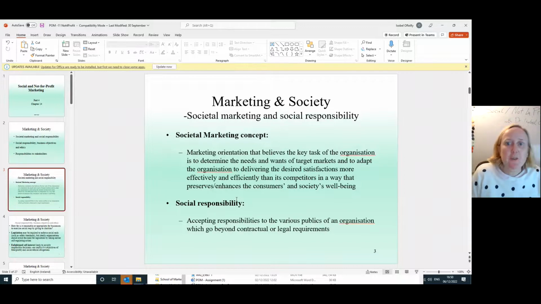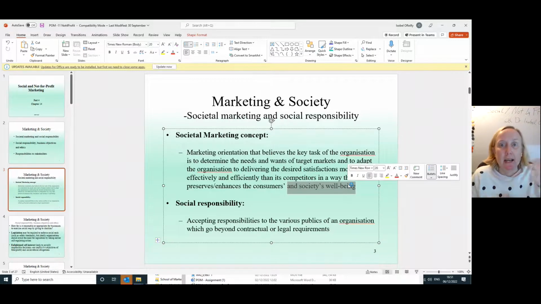Marketing orientation believes that the key task of the organization is to determine the needs and wants of target markets and to adapt the organization to delivering desired satisfactions more effectively and efficiently than its competitors in a way that preserves and enhances the consumers' and society's well-being. So the key element added there is looking at society as a whole as well.